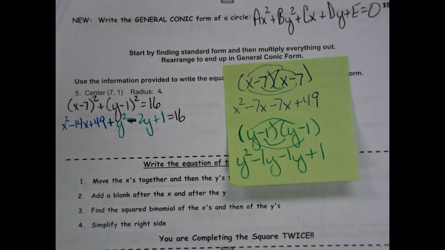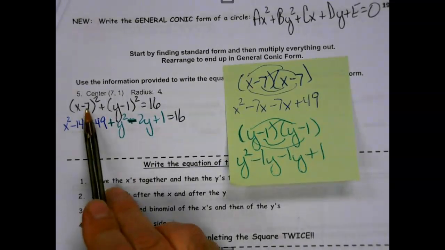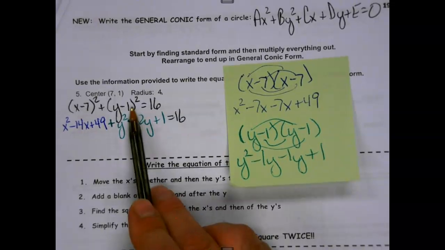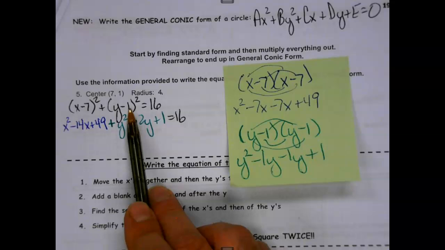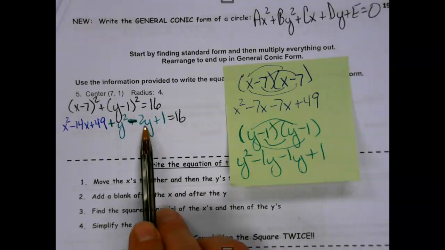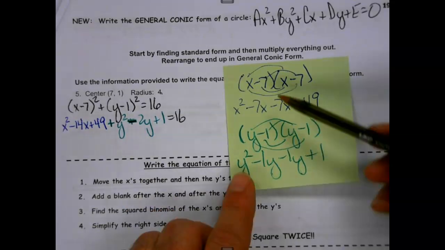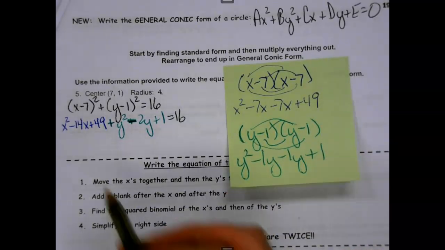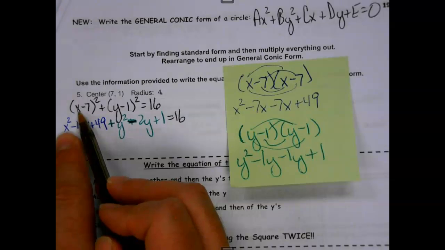Here's what I'm hoping you notice, or now that you will once I mention it. If I take negative 7 and I double it, I multiply it by 2, I get negative 14. If I take negative 1 and I double it, multiply by 2, I get negative 2. Instead of having to FOIL this whole thing out, all you have to do is square your first term, so x squared.